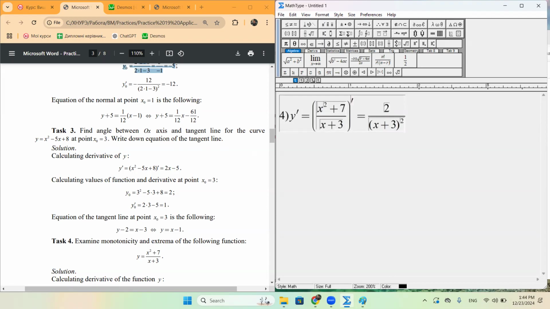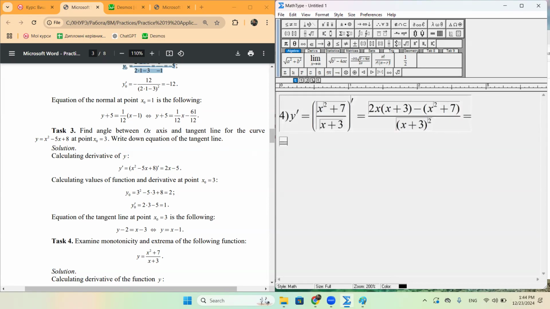So 2x multiplied by (x plus 3) minus (x squared plus 7).